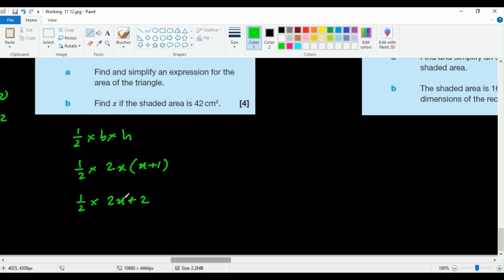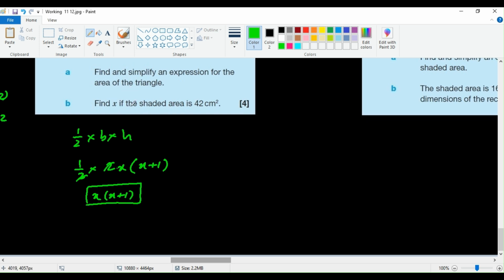It was x actually. 2x squared plus 2x. Now 1 over 2, and this 2 is going to be cancelled from here itself. You can cancel this. Once we are simplifying this, this 2 is going to be cancelling this. So x squared plus x. This is the expression for the area of a triangle.